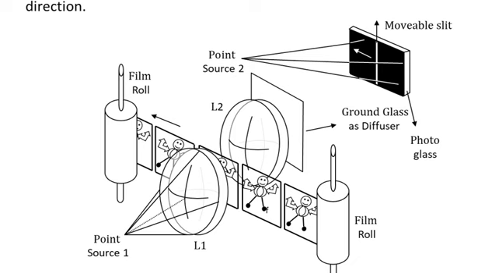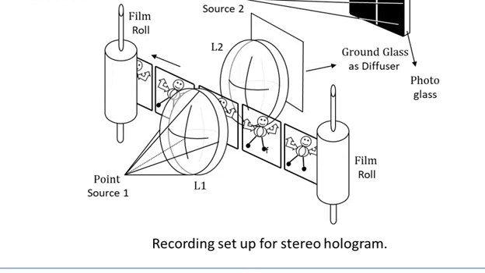There is a ground glass as a diffuser just after the lens L2, and the light from the diffuser will reach the photographic plate, where we have placed a slit, and this slit is movable. The white arrow indicates the direction in which this slit can be moved, and point source 2 generates the reference beam to record the hologram within the space provided by the slit. So this is the recording setup here.